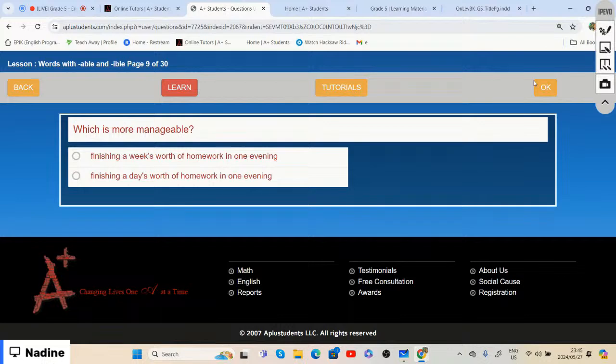It's like, I can manage to do this in one evening. Are you able to do a whole week's worth of homework in one evening? Or are you able to only finish a day's work in one evening? Something that is more manageable. We are going to finish after this one.